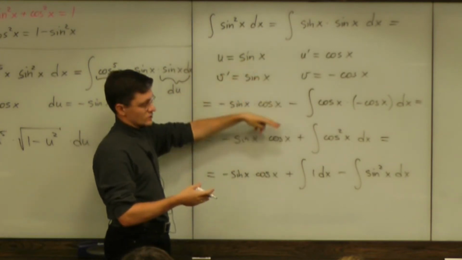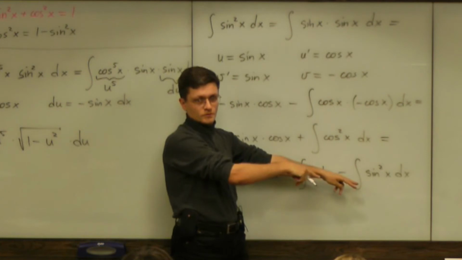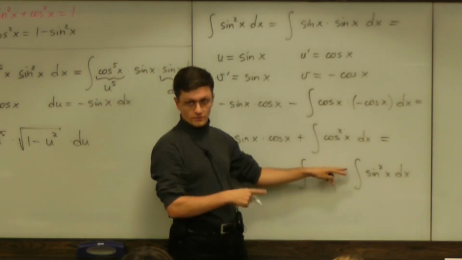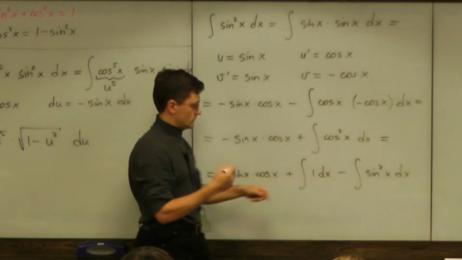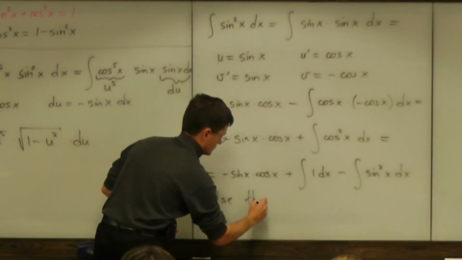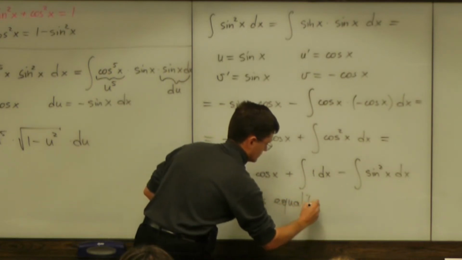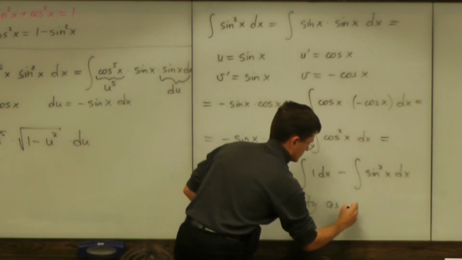When you proceed with integration by parts, you will have the same integral showing up, but it will be with some coefficient other than 1. So you use this equality as an equation.